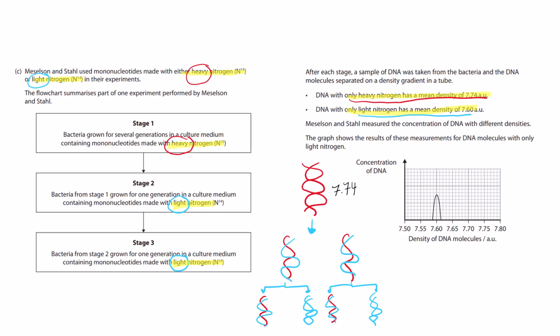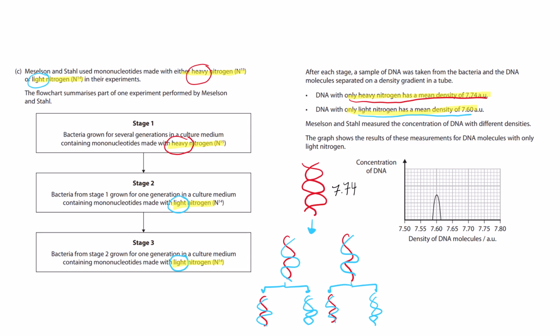Meselson and Stahl used mononucleotides made with either heavy nitrogen, which is N15, or light nitrogen, N14, in their experiment. The flowchart summarizes part of one experiment performed by Meselson and Stahl.